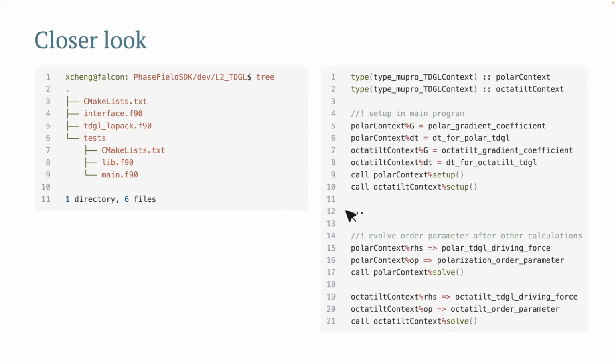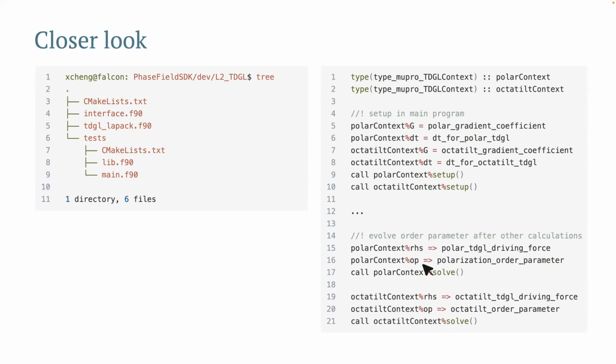And then after a bunch of calculations, like solving the elastic equation and the Poisson equation, and getting all kinds of driving forces for these TDGL equations, before you solve it, you just tell this polarization context what the right hand side is, that is the driving force for the equation, right?